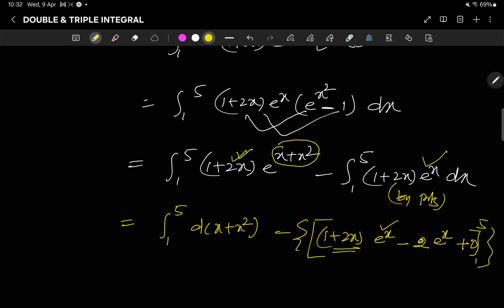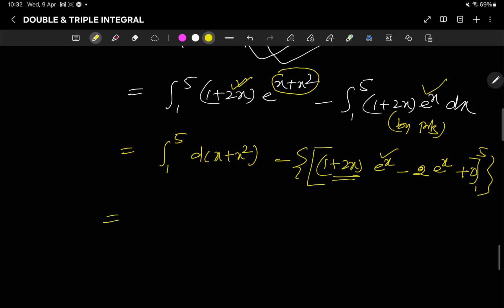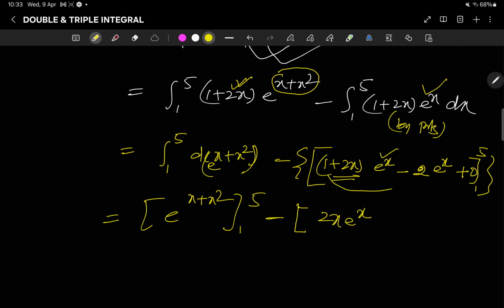Then it is e to the power x plus x square from 1 to 5, minus 2x e to the power x and this minus e to the power x from the limit 1 to 5.